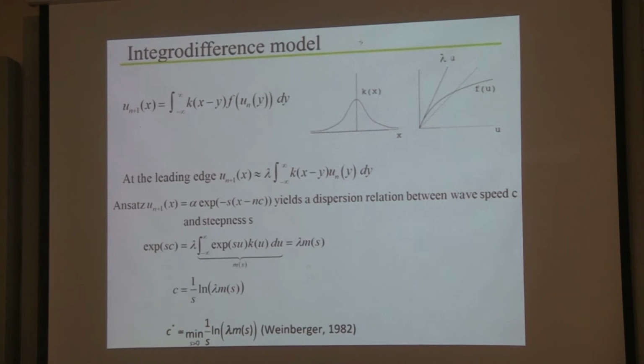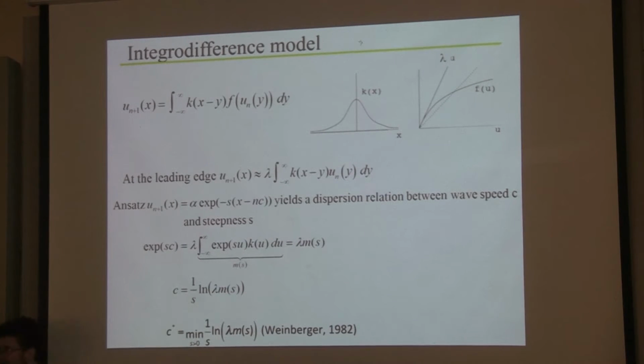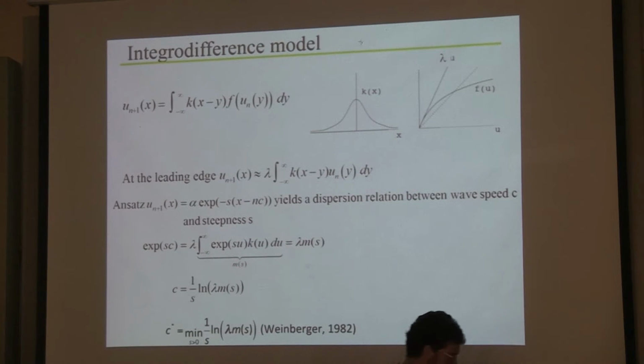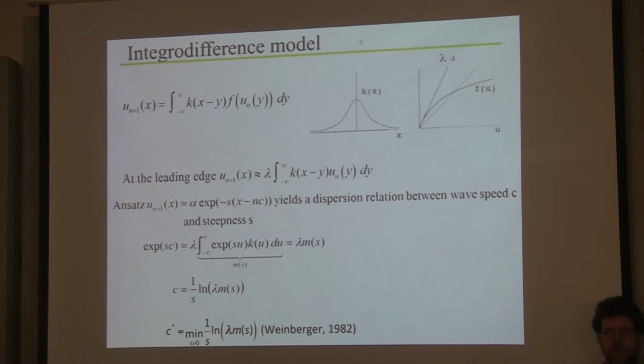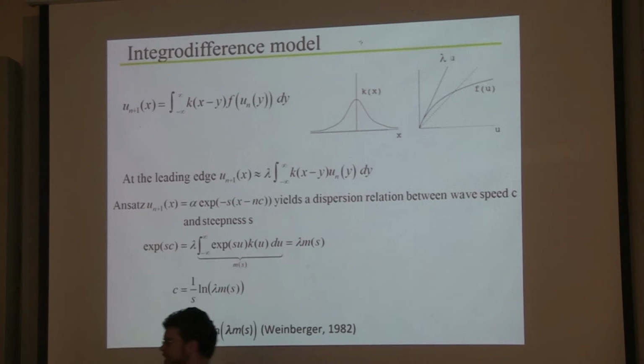This was written in a paper in 1982 by Hans Weinberger in the SIAM Journal on Mathematical Analysis. It was a very, very difficult to read paper, and no one used the formula. Then I was working with Mark Kot and Pauline van den Driessche on the same problem, and we came up with the same formula.